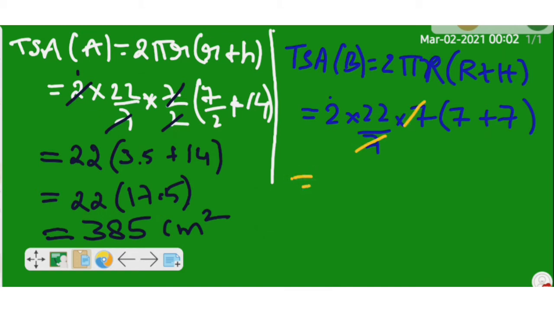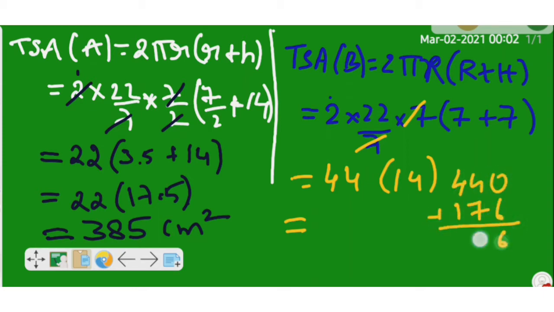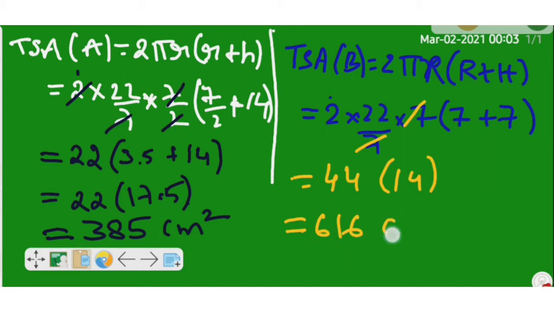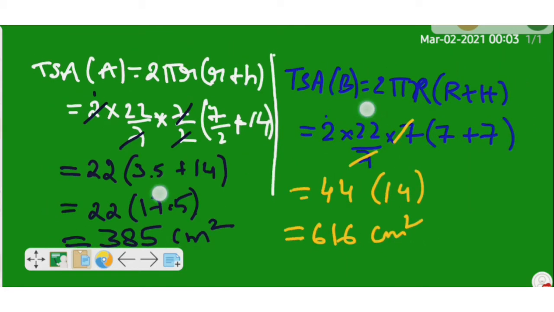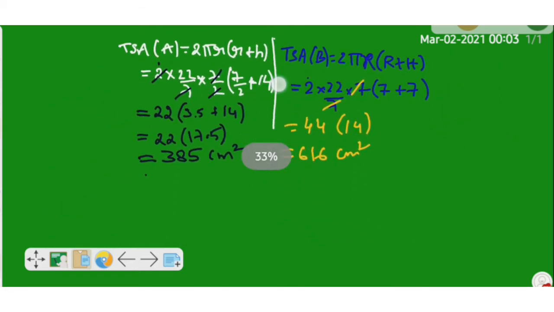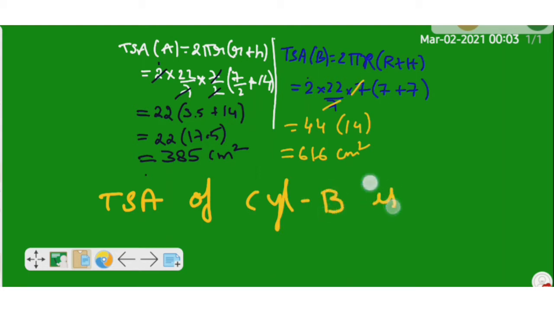We are left with 22 2s are 44, and 7 plus 7 is 14. So here 44 with 14, 44 tens are 440, plus 44 fours are 176. If you add this, 616 centimeters square. So here total surface area of cylinder B is greater.